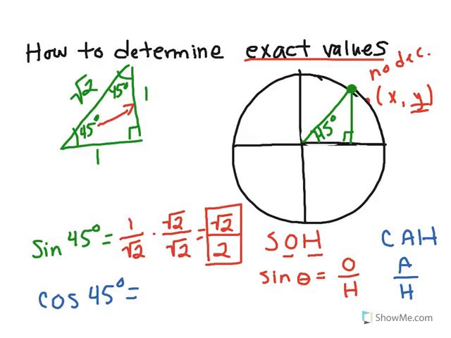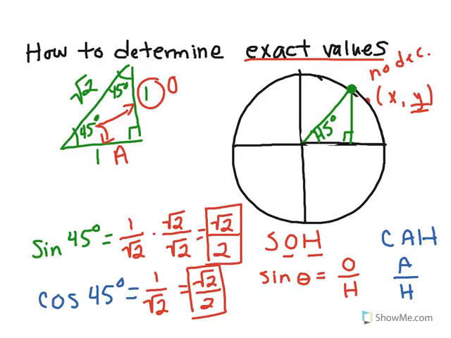So if we did the cosine of 45 degrees, well, that's the adjacent side. If this one was the opposite side, then this one would be the adjacent side. And if you can see this, I'm still going to get 1 over the square root of 2, which I already determined to be the square root of 2 over 2.